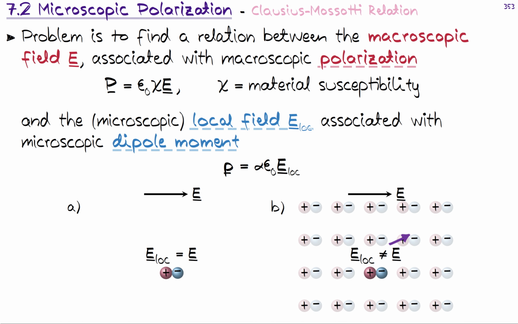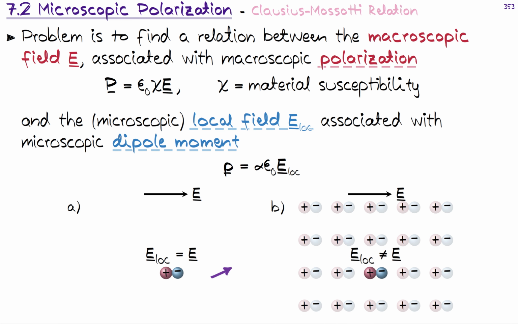They are even periodically arranged, and this affects how these different atoms scatter light. Because there are many scatterers now instead of just a single scatterer, the field felt by each of these atom-sized emitters or scatterers, the local field, E loc, is no longer the incident field. So this is the main difference.